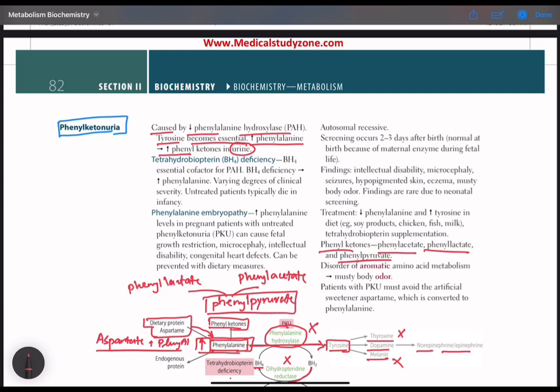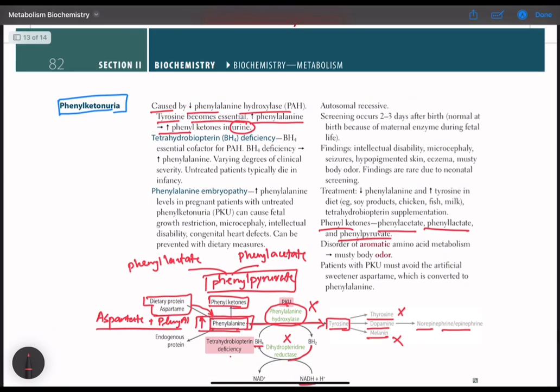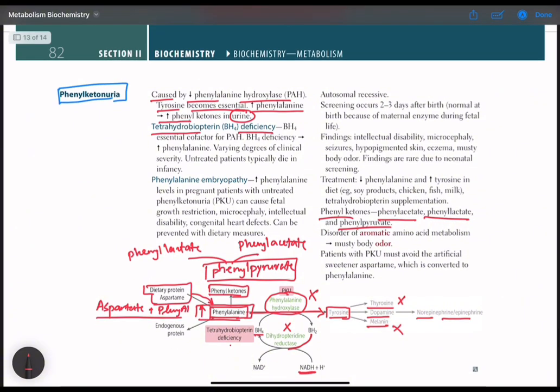The other type of phenylketonuria is tetrahydrobiopterin deficiency, the cofactor required for phenylalanine hydroxylase. Since BH4, or tetrahydrobiopterin, is an essential cofactor for phenylalanine hydroxylase, its deficiency leads to increased phenylalanine. There are varying degrees of clinical severity, and untreated patients typically die in infancy.